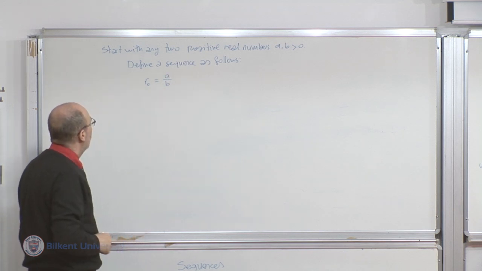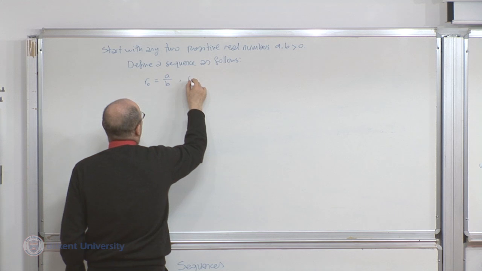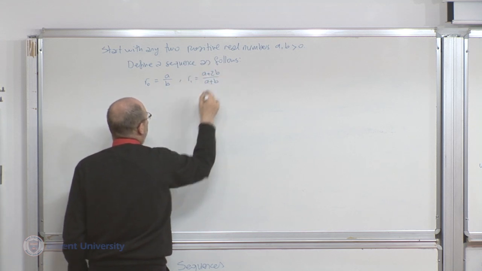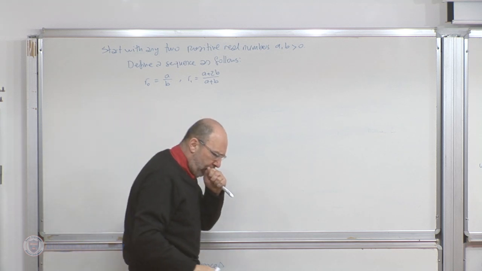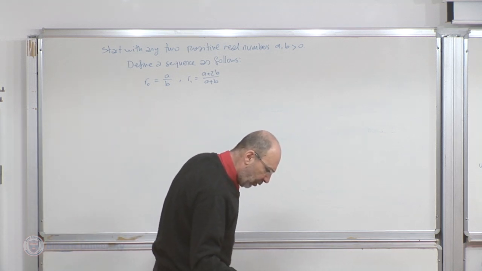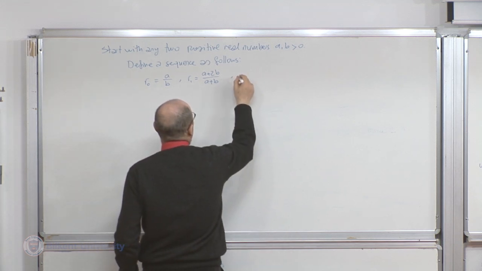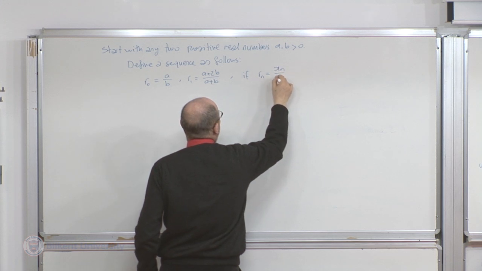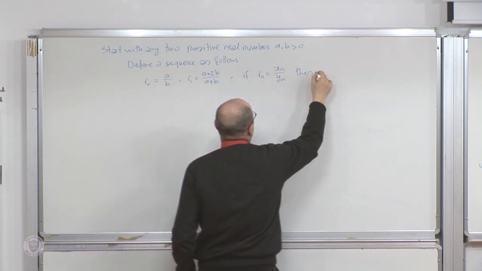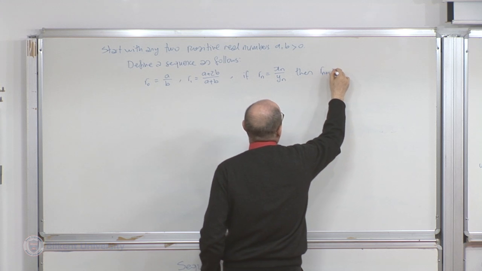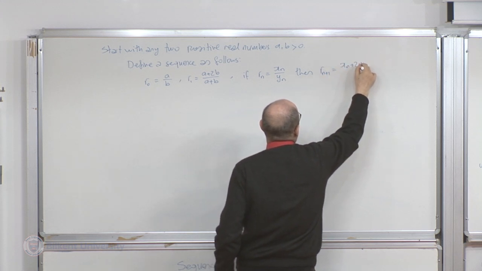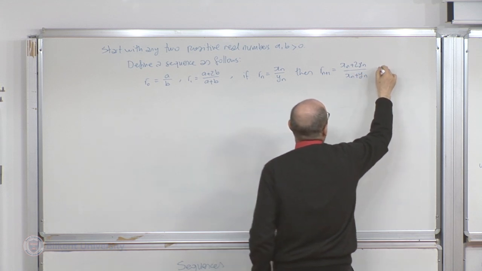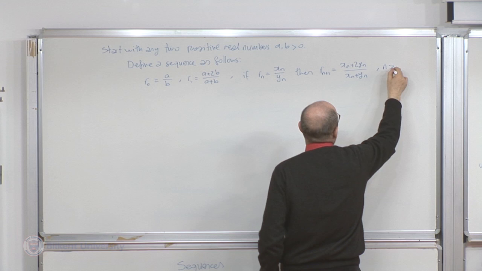R0 is A over B. R1 is A plus 2B over A plus B. So if Rn is equal to Xn over Yn, then Rn plus 1 is equal to Xn plus 2Yn over Xn plus Yn. Here, n is greater than or equal to 0.